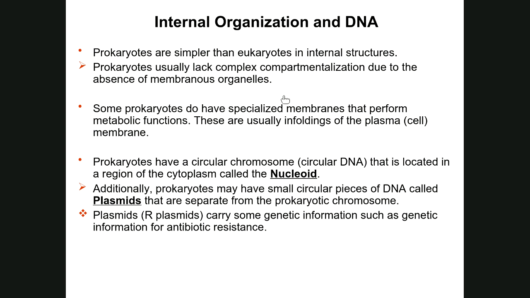So the next part here, internal organization in DNA. If you look here, it says prokaryotes are simpler than eukaryotes in internal structures. Prokaryotes usually lack complex compartmentalization. Well, I talk about this with my students in 1406.